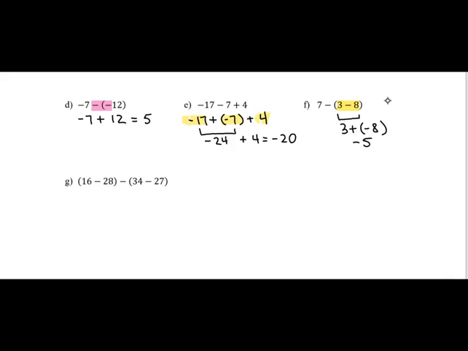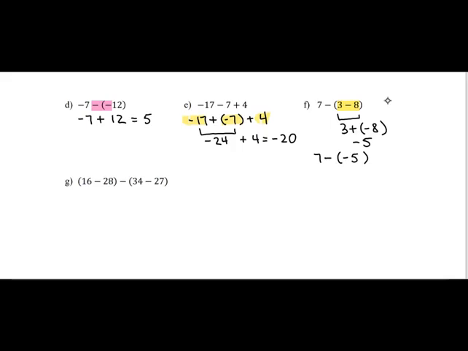Let's go ahead and rewrite the problem. And instead of writing 3 minus 8, we're going to write -5 there. So we have 7. We haven't done anything with the negatives with subtraction yet. And then we have -5. Okay, so after we did what was in parentheses, we got -5.